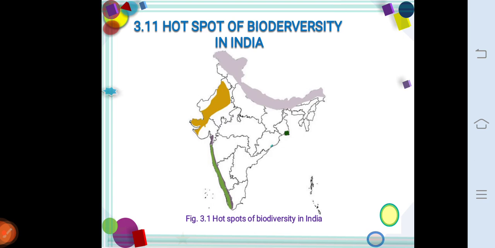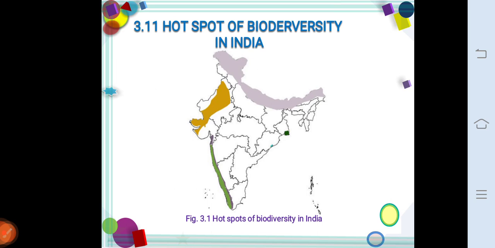Causes of biodiversity loss, the various threats to biodiversity. One is habitat loss. Loss of populations of interbreeding organisms is caused by habitat loss, which threatens a wide range of animals and plants.